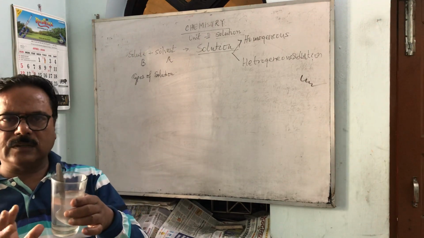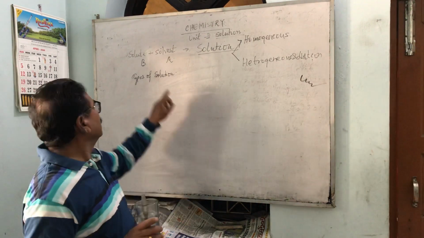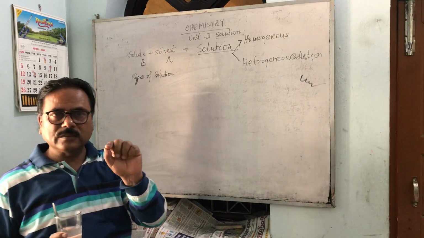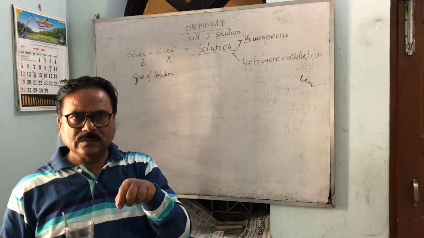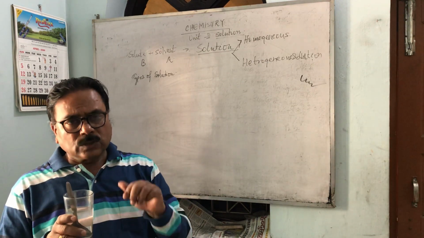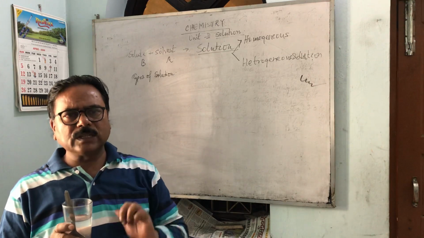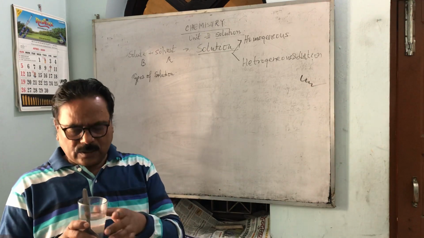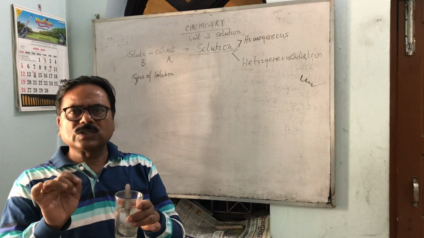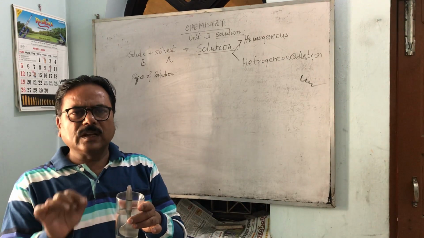This solution contains two components. One is the solute, and here the solute is the salt, which was added in a small amount. So keep in mind, the solute is always in small amount. When we put it into the water, that water is the solvent and it is in large excess.